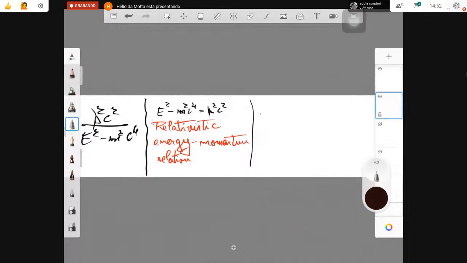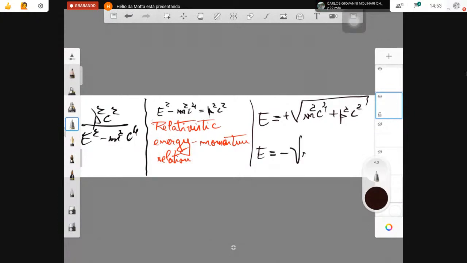So E equals plus the square root of p squared c squared plus m squared c to the fourth, and the other one is E equals minus this one at the top.